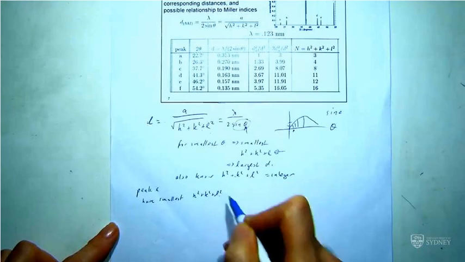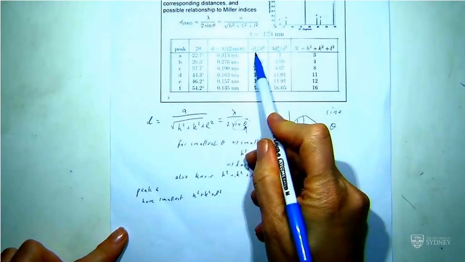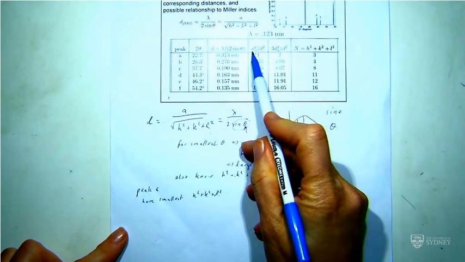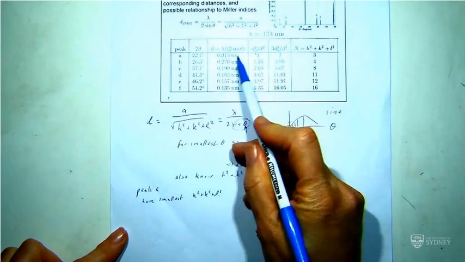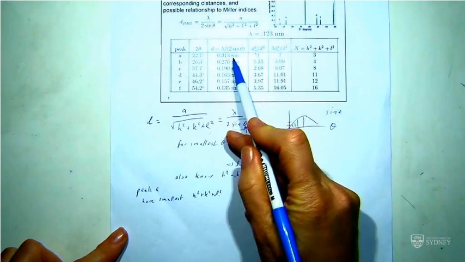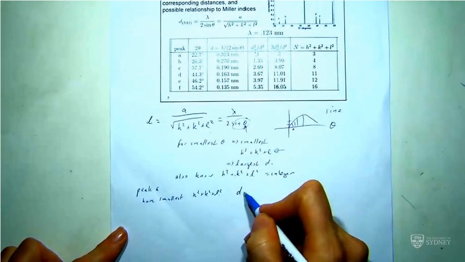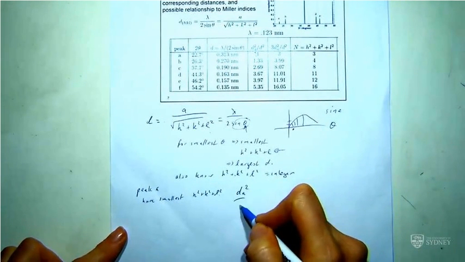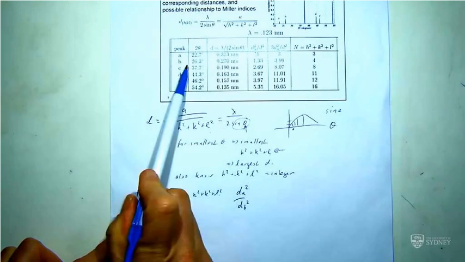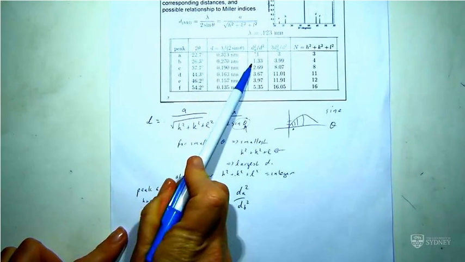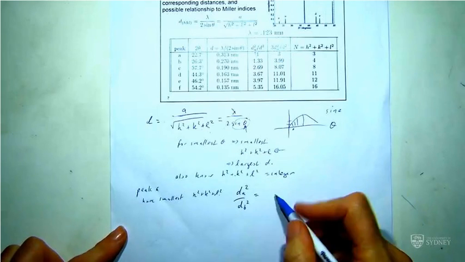So what we did before, remember up here, we made the ratio of dA squared, that is the distance corresponding to peak A here, to that of the ones below. So if we just look at that, dA squared, let's do it with respect to dB squared. So we are just looking at the first ratio where we get 1.3. Just write down the expression for your term.